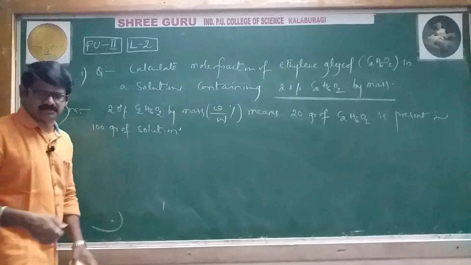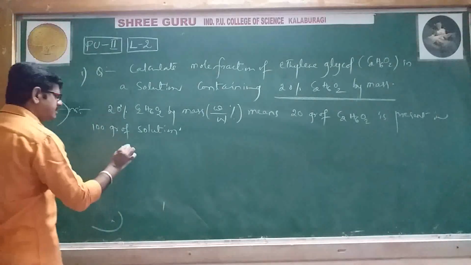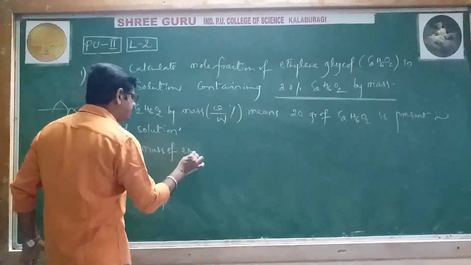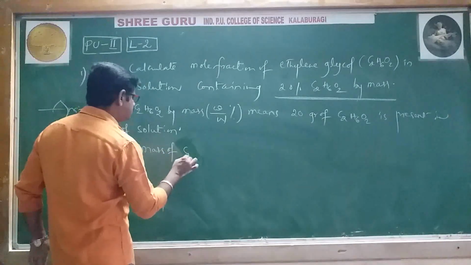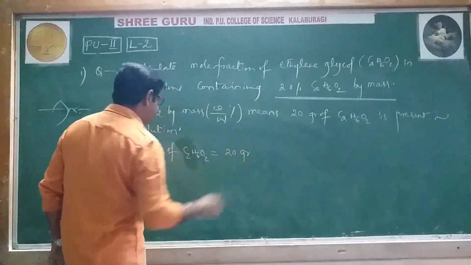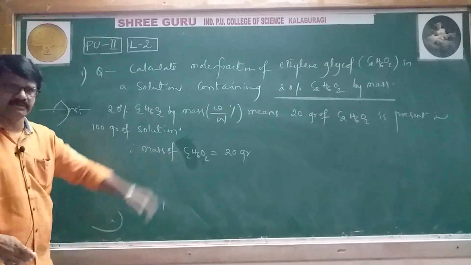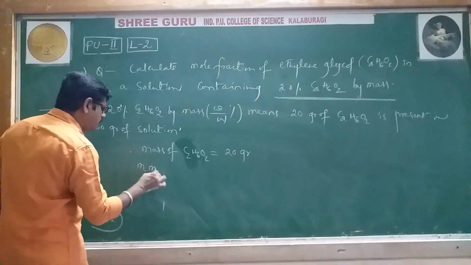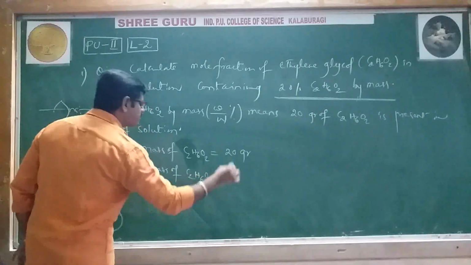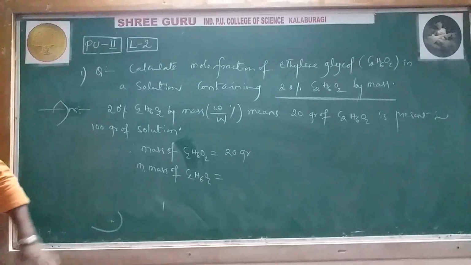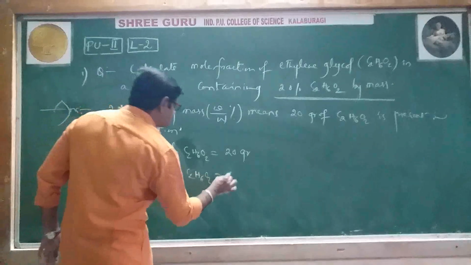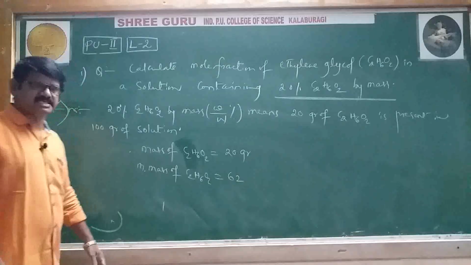Therefore, the mass of ethylene glycol, C2H6O2, is 20 grams, already given. Immediately I calculate the molar mass of ethylene glycol, because we need moles. The molar mass of ethylene glycol is 62.